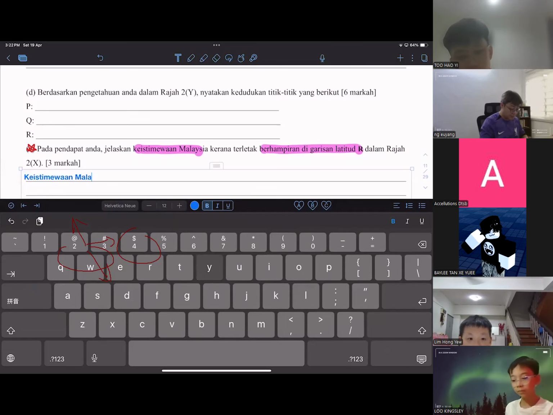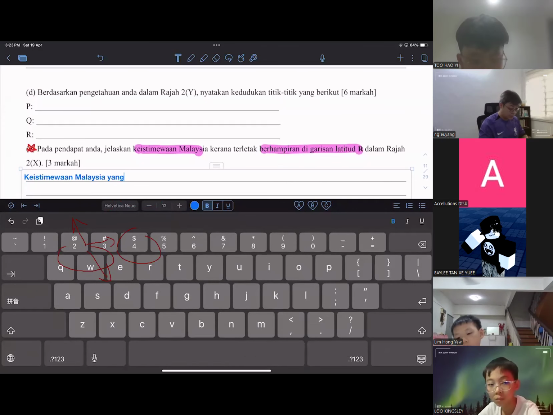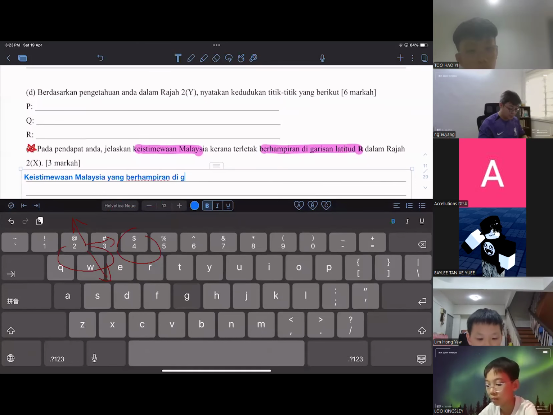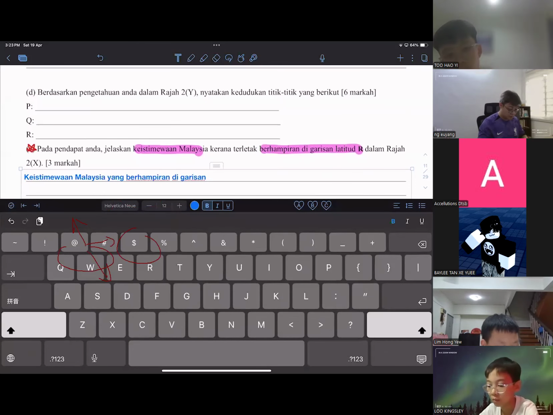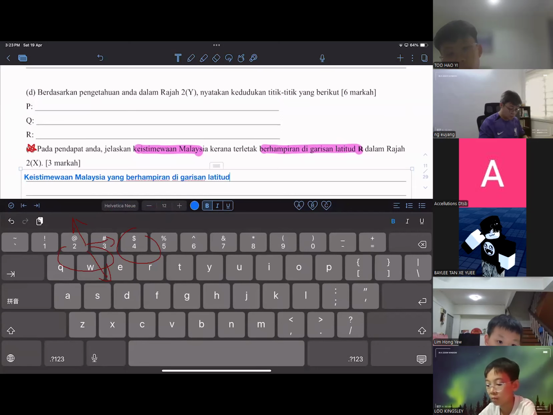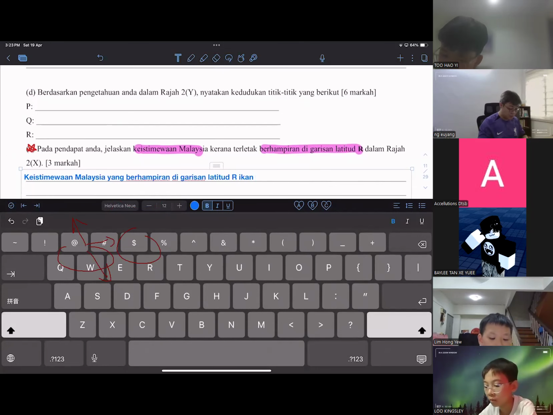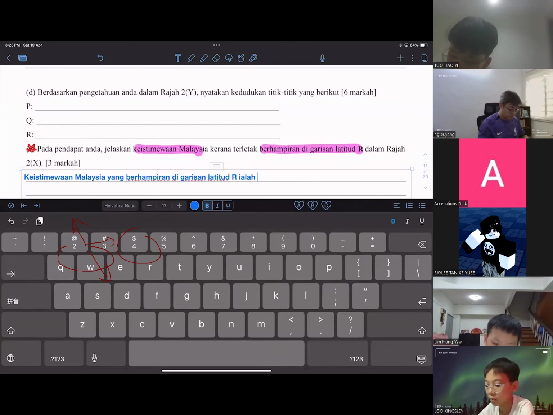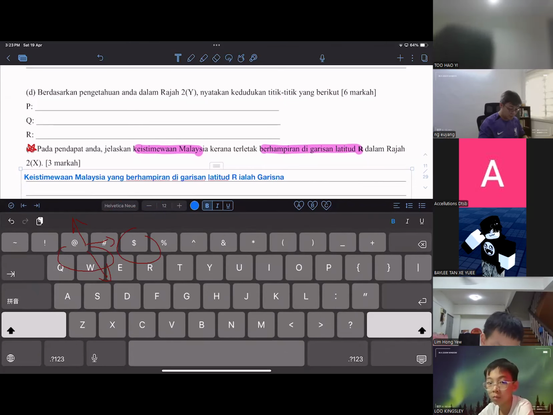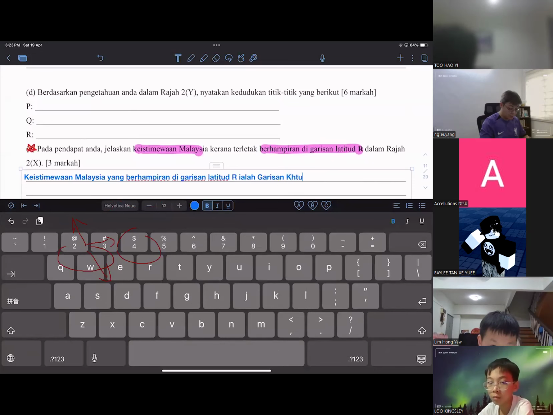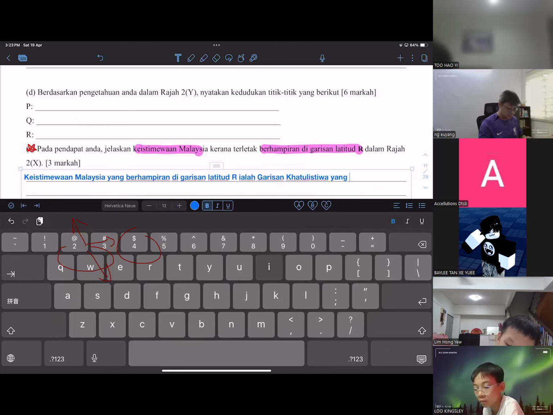Keistimewaan Malaysia yang berhampiran di garisan latitude R ialah garisan khatulistiwa yang iklim panas.